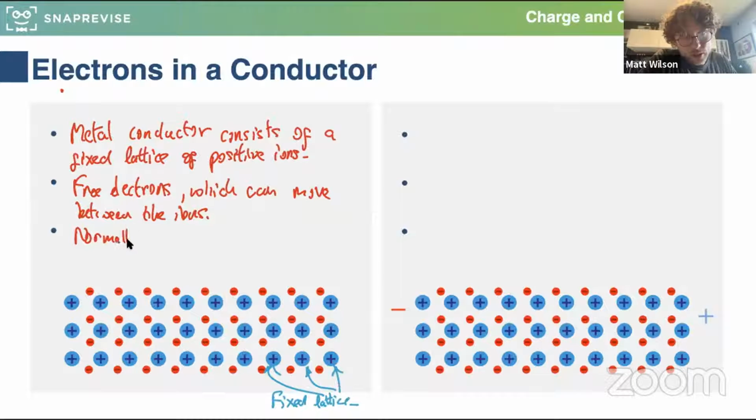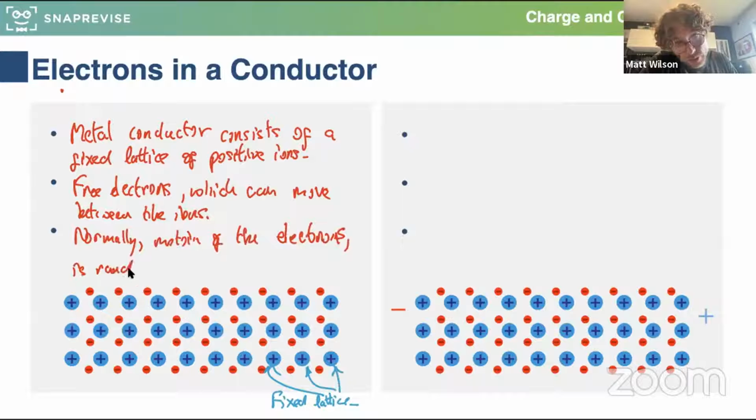Normally, the motion of the electrons is random and has no average or mean velocity.